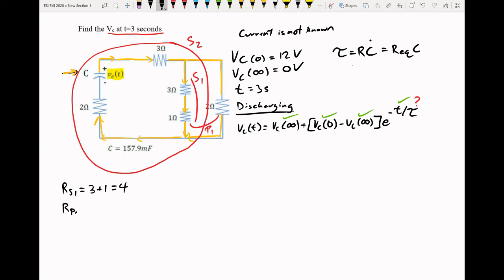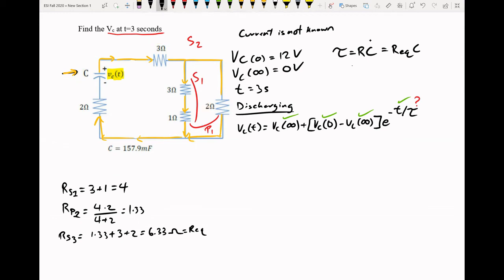Our parallel 1 will be 4 times 2 over 4 plus 2, which gives us 1.33. And our series 2 will be 1.33 plus 3 plus 2, which gives us 6.33 ohms, which is our R equivalent.